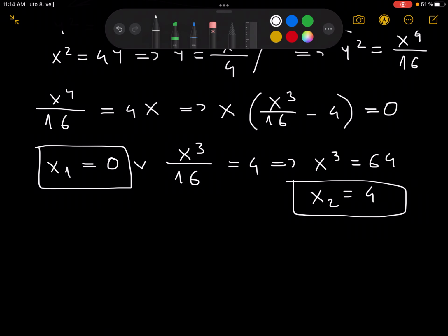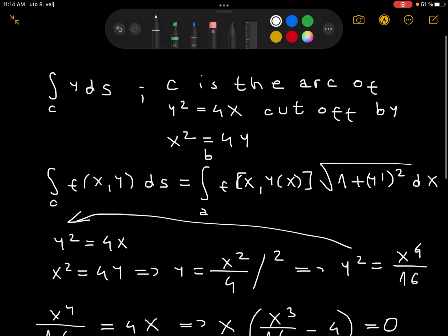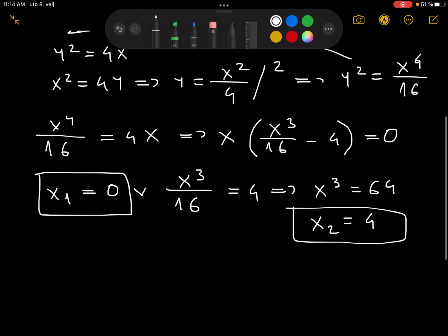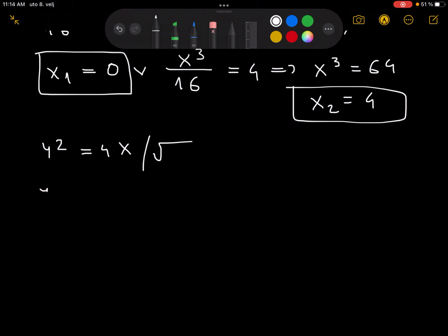Okay, so now we take our curve C, and we know that y squared is equal to 4x, so when we take the square root of both sides we get that y is equal to 2 times the square root of x.